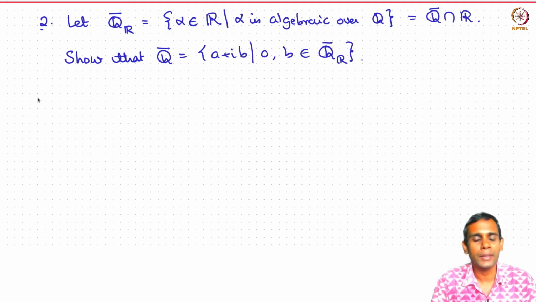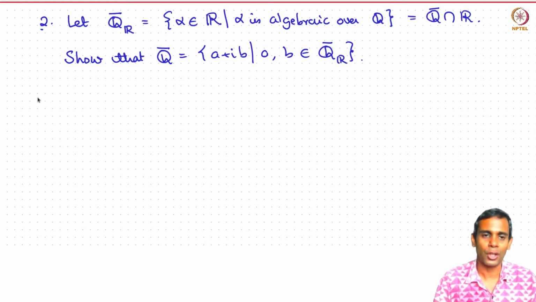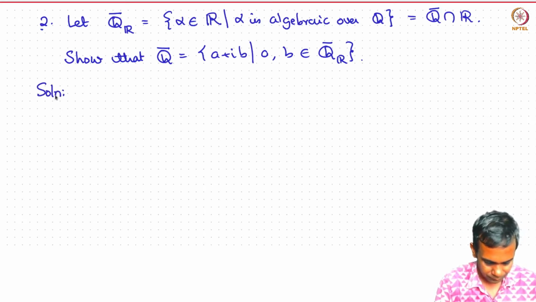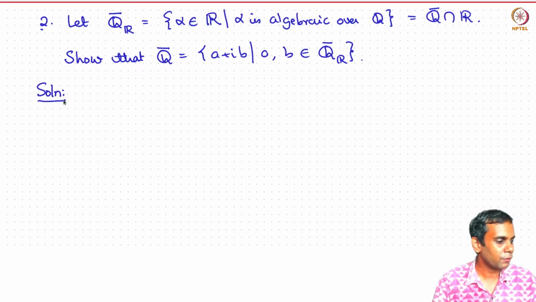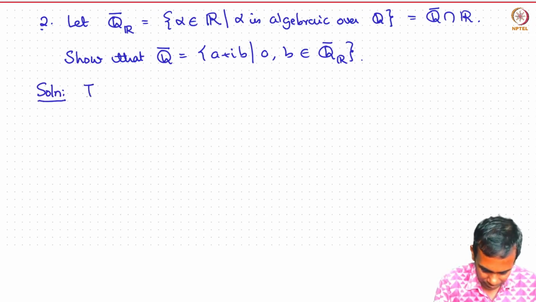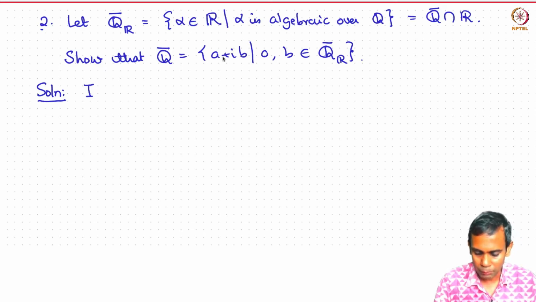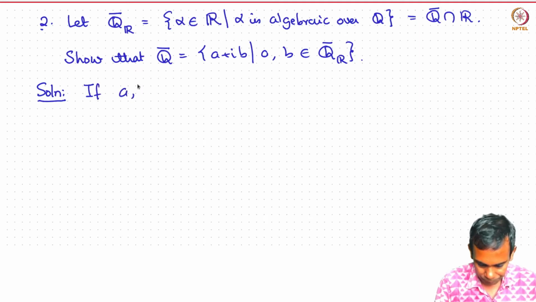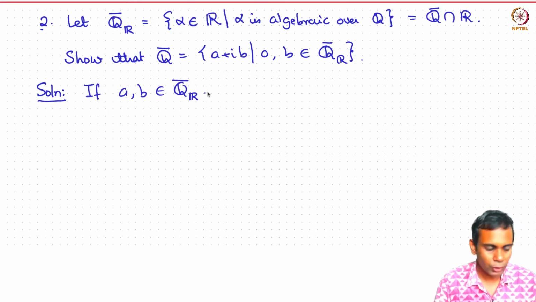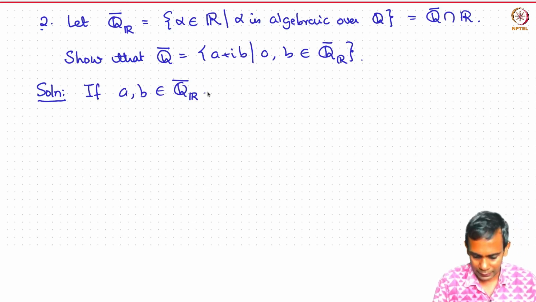Now you can pause the video and try to solve this yourself. If you can't, then I'll solve it for you. Firstly, we need to show that if a and b are in Q bar R, then a plus ib is in Q bar, and conversely if a plus ib is in Q bar, then a and b are in Q bar R. So let's start with the assumption that a and b are in Q bar R, and we want to show that a plus ib is in Q bar.